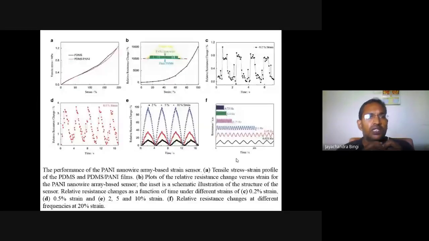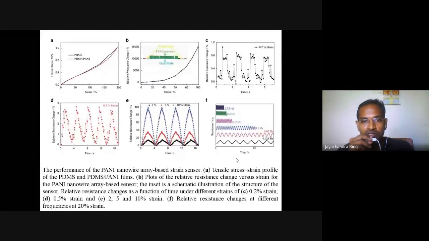So here, if you see the artificial structure made from polymer materials, that is PANI nanowires standing on PDMS. That is only the structure, the material-related thing. There you can see, with respect to time, the relative resistance changes in diagram C, just have a look.